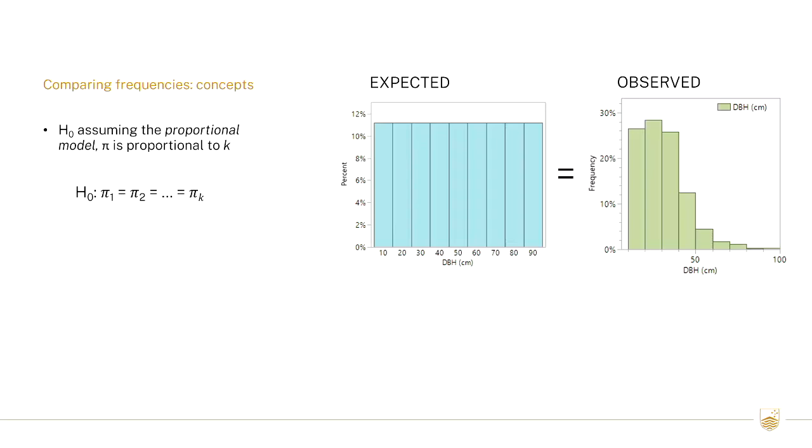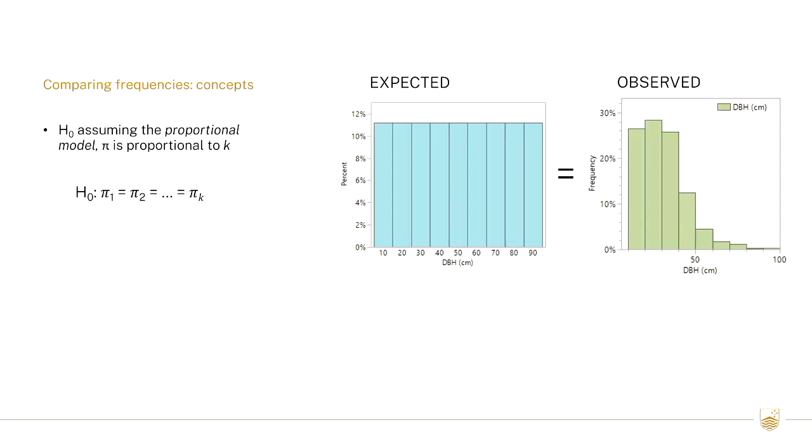Our H naught is that the proportion of responses in our first category is the same as our second category, the same as our third category, so it's the same in 10, 20, 30, 40, through to the last of our K number of classes.